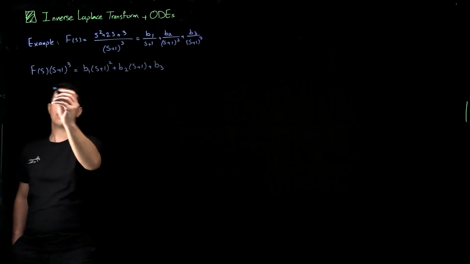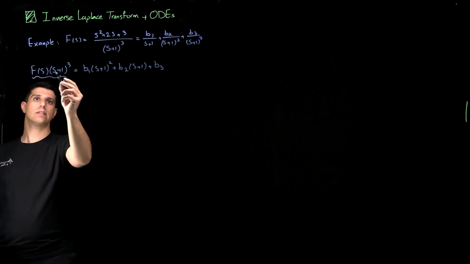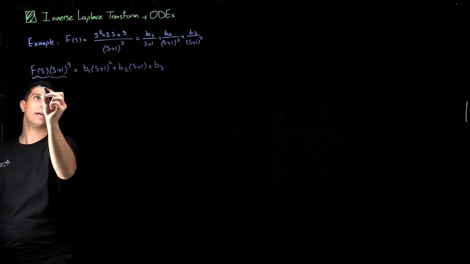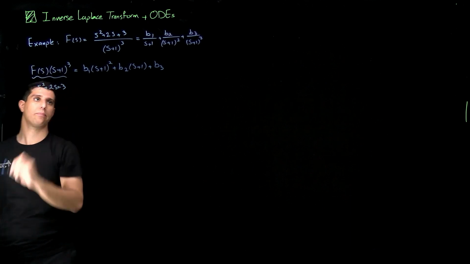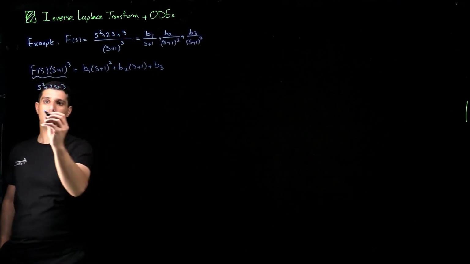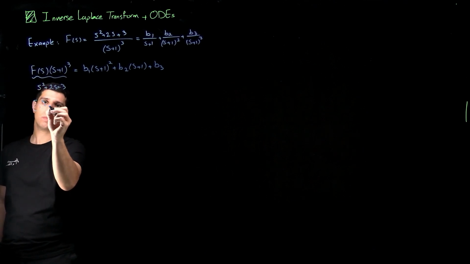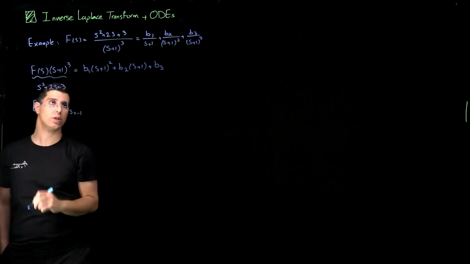Here f of s times s plus 1 cubed cancels out, so this one is s squared plus 2s plus 3. Now in step 1, to calculate b3, we evaluate s squared plus 2s plus 3 at s equals minus 1.